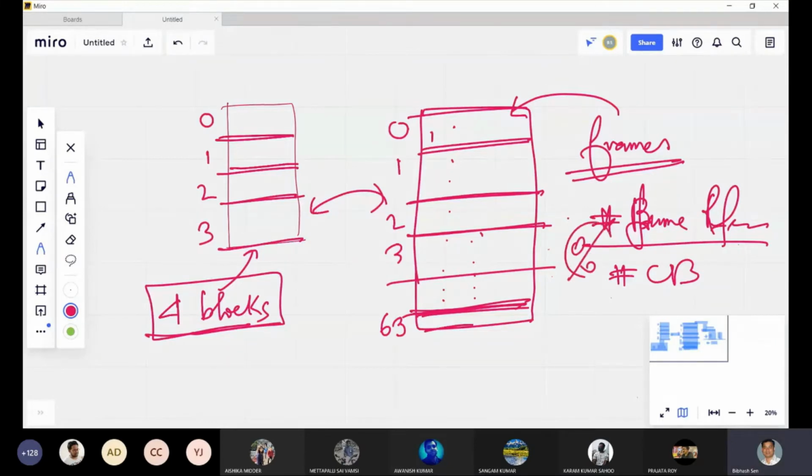Take the modulo operation of this. So for frame reference, suppose 56 modulo 4. What is the location coming? The remainder. What is the remainder? Sir, 0.